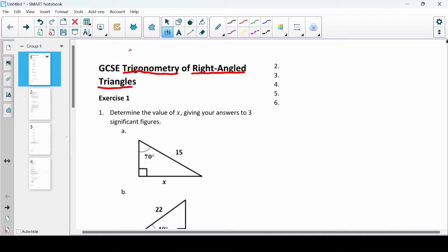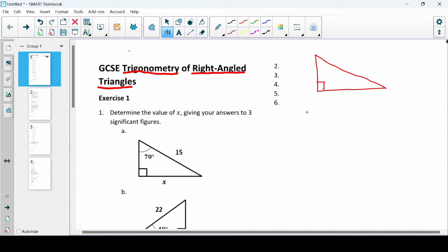So the first task before application of trigonometry is to know the names of the sides of a triangle. This type of triangle, where these trigonometric functions are applicable, is always a right angle triangle.